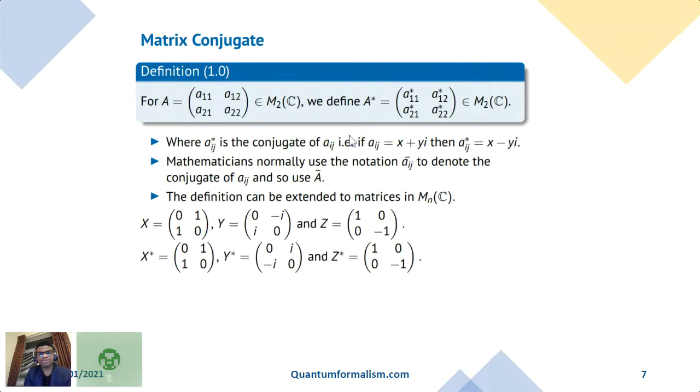We are using star because this is what physicists use. Okay, and obviously the definition can be extended to any n. Okay, and you can see these 12 examples here. I hope I didn't make any typo, but this is kindergarten stuff. I'm pretty sure you all know this, so I'll move on.